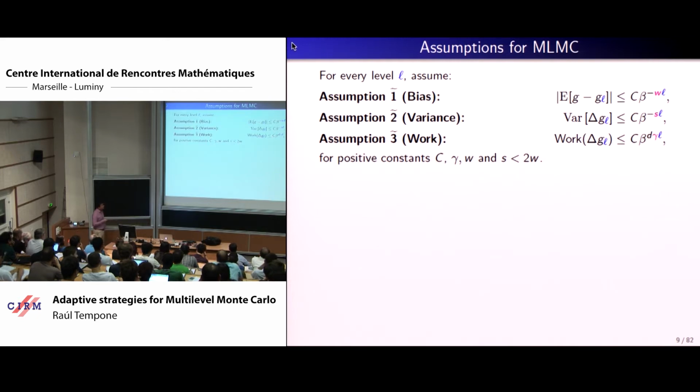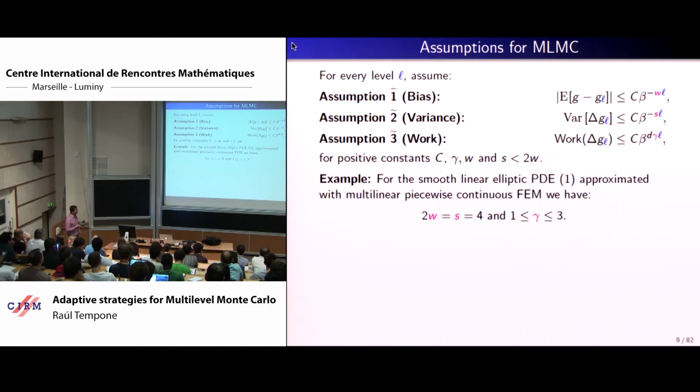And this is nothing different from what we said before, because before we said that the cost was H to the minus D gamma. This is the same thing, just rewritten in terms of beta and L. I emphasize again that the constants C, W, and S also depend on the problem and have to be found. And remember, gamma may depend also on the solver that you use, not just on the problem and the discretization.